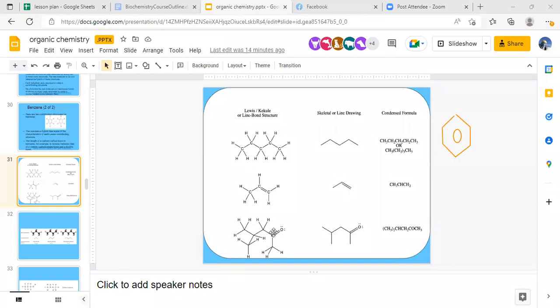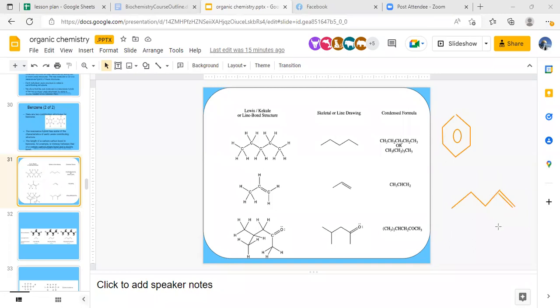Any questions? Let's try to annotate here. So I'll draw this. What kind of hydrocarbon is that? Alkane, alkene, or alkyne? Alkene, because it has a double bond.